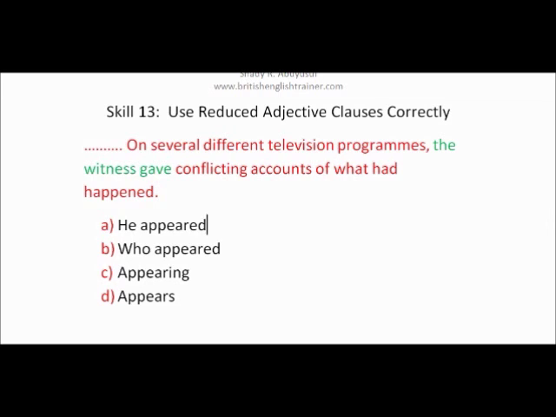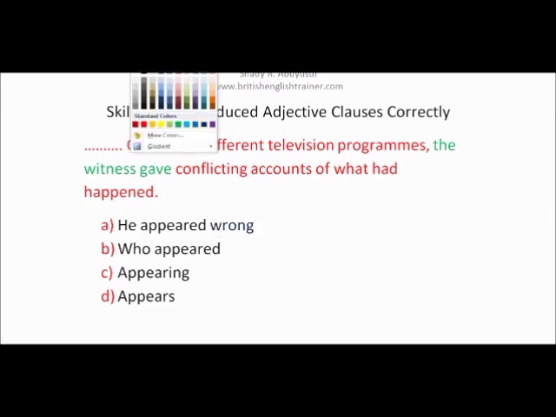If we have 2 clauses in English, we must have a connector. So A is not the right choice. So we can write something like wrong. That's a wrong choice. Let's give it a color. Something like, I think that will work. Okay, that's a wrong choice, number A.